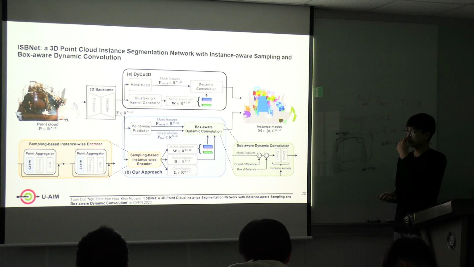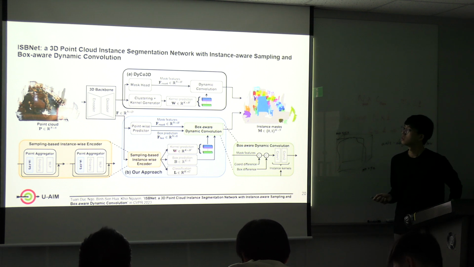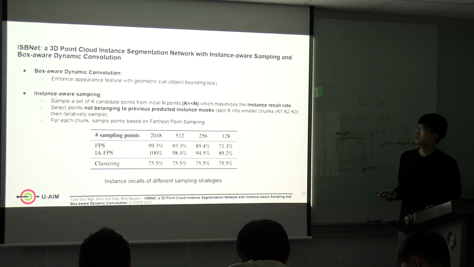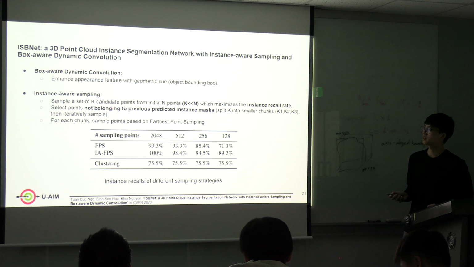And about the sampling by the instance-aware encoder, how can they do that? They first sample a set of candidate points from the initial N points, which wants to maximize the instance recall rate. This is the purpose of using the instance-aware sampling.